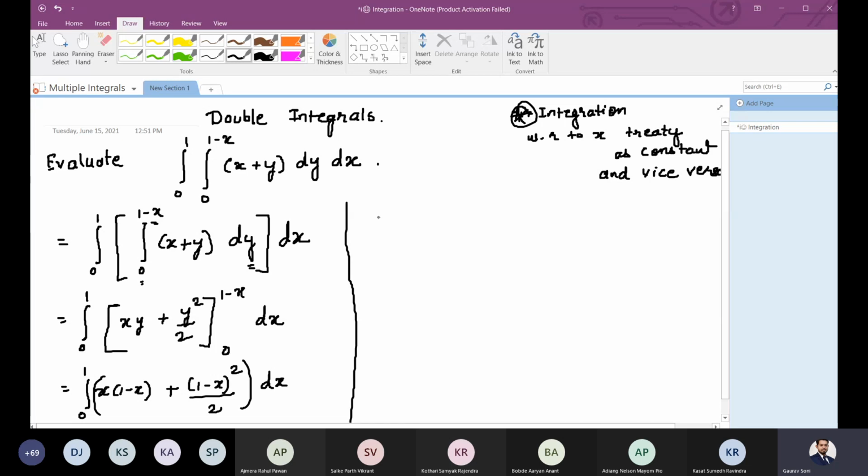So this is equal to the integration from 0 to 1 of x minus x square plus 1 by 2 minus x plus x square divided by 2. Please check the calculations.